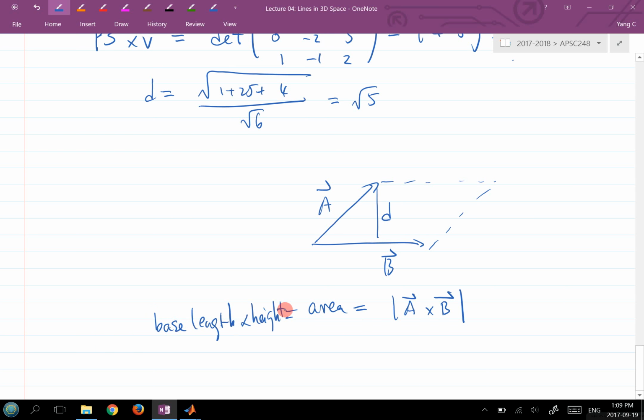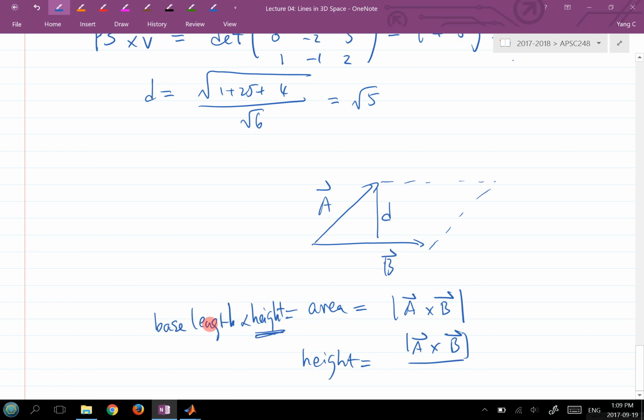Now you see, if I know the area, I can solve for the height, isn't it? So the height equals what? The area of the parallelogram divided by the length of the base.